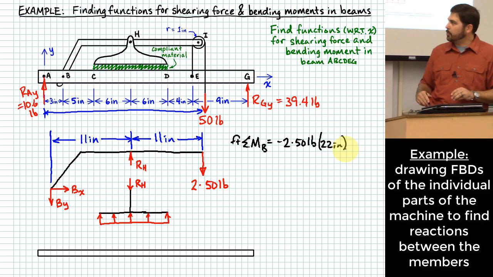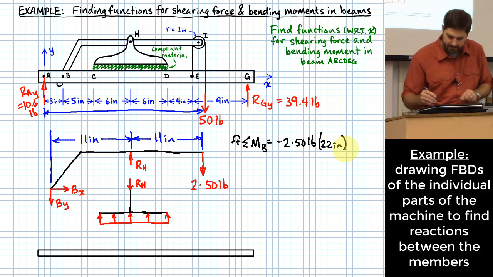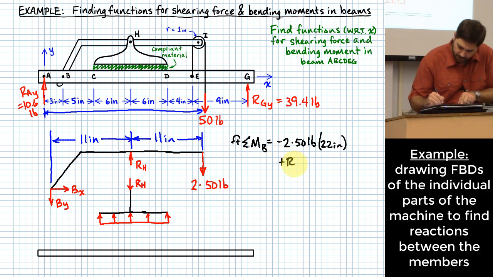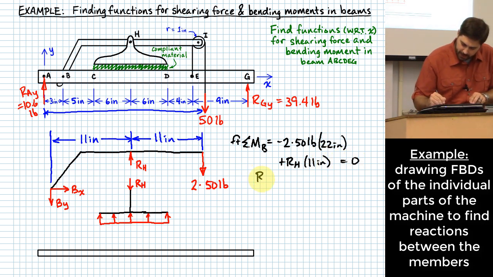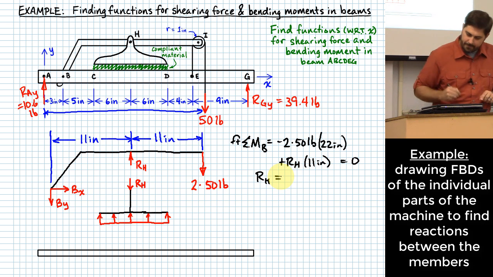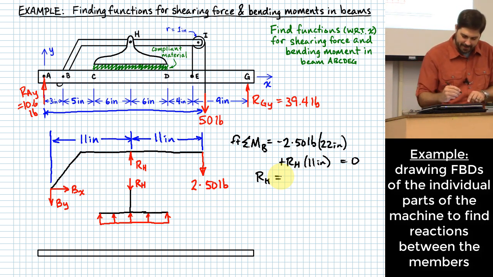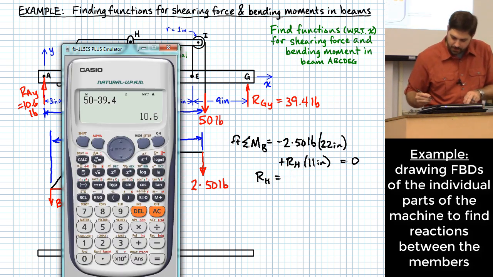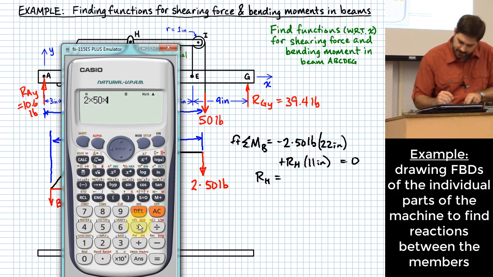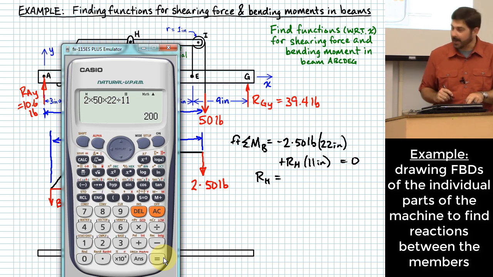What else would I have that would create a moment around B? RH. Okay? So RH, positive, right? Positive RH times 11 inches. So RH would be what? Pretty easy, right? But I'll go ahead and do it out here. 2 times 50 times 22 divided by 11. Right? 200 pounds.